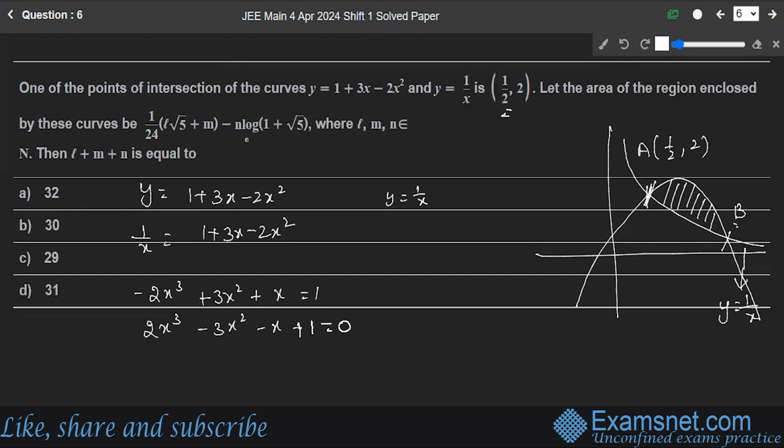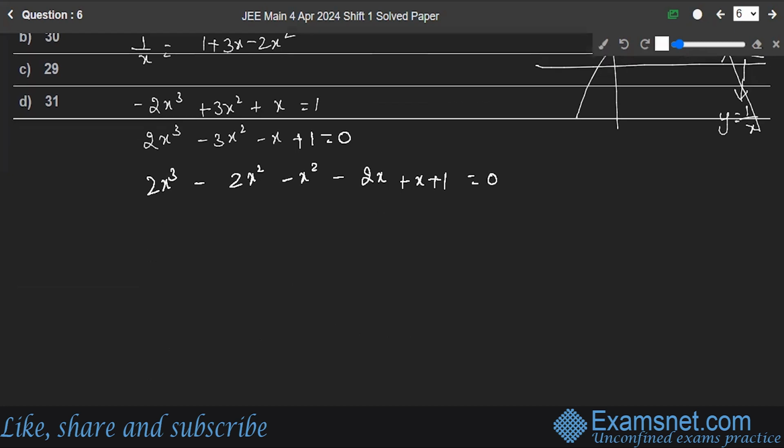Okay, you are given that 1 by 2 is one of the roots, this point lies on this line. Now let's open this up. I can write it as 2x cubed minus 2x square minus x square plus x plus 1.